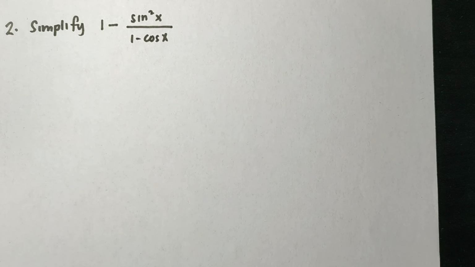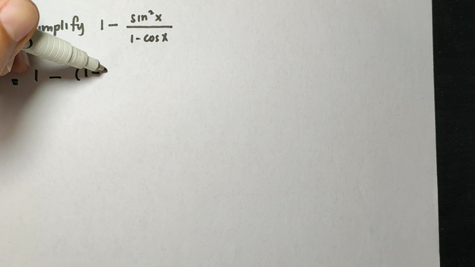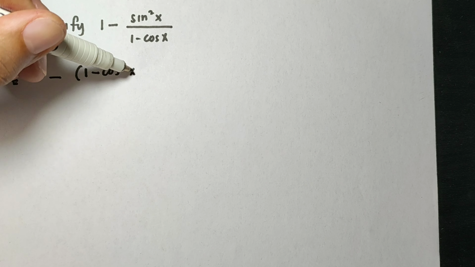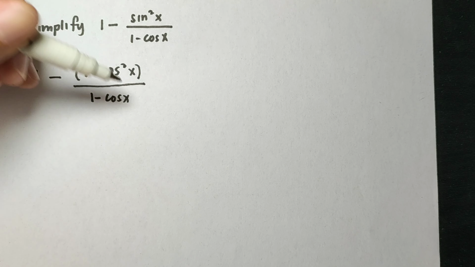Okay, another example, we will simplify 1 minus sine square x over 1 minus cosine x. Remember that sine square x is the same as 1 minus cosine square x. Then copy 1 minus cosine x.